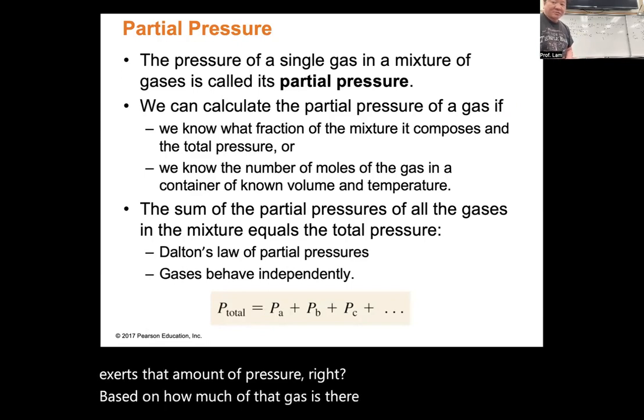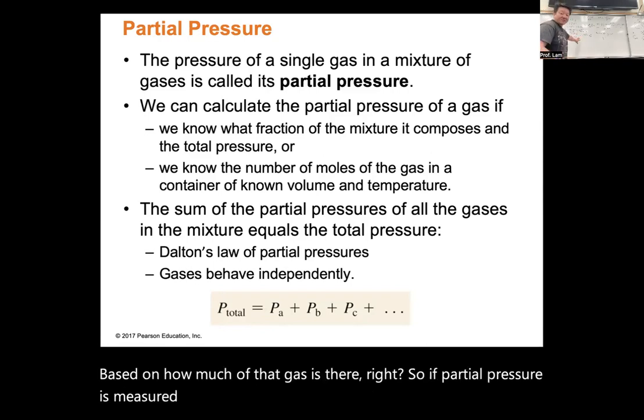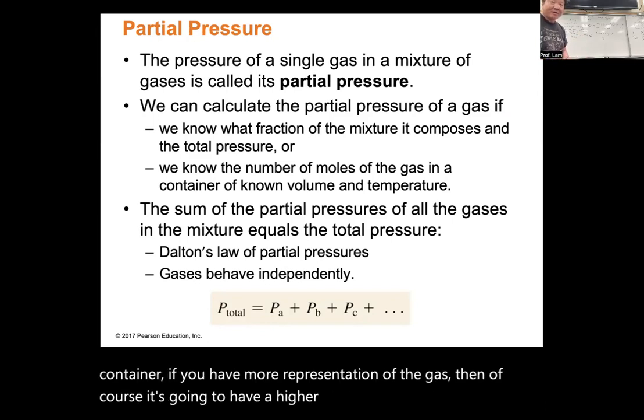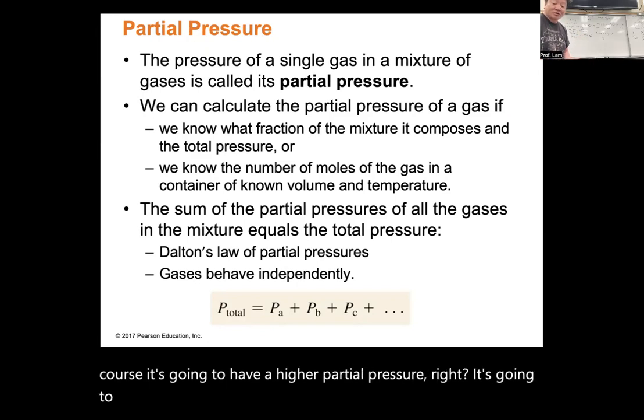So if partial pressure is measured as the force of the gas striking the wall of the container, if you have more representation of the gas, then of course it's going to have a higher partial pressure, right? It's going to contribute more to the total pressure.